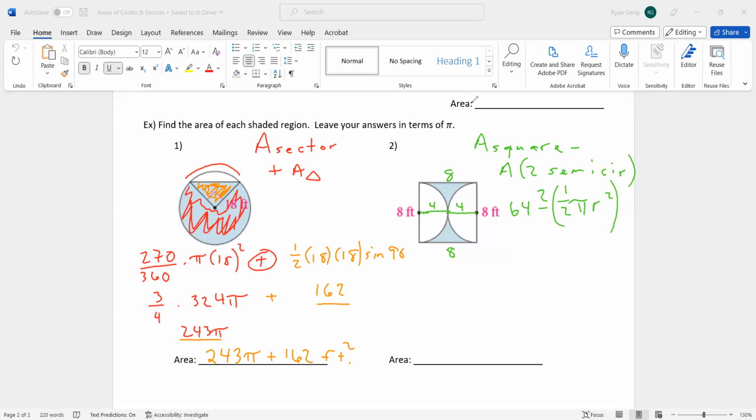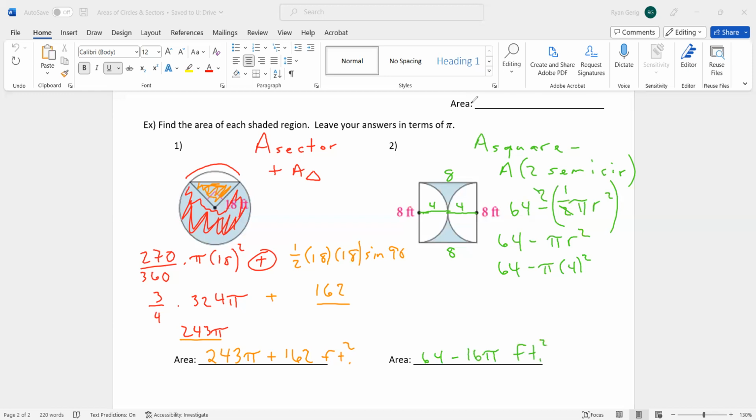Well, what happens then? Well, the 2 and the 1/2 cancel, and I'm left with 64 minus pi r squared. The 2 semicircles make a full circle. So 64 minus pi, and the radius is 4 squared. So it's 64 minus 16 pi is the area of that shaded region.